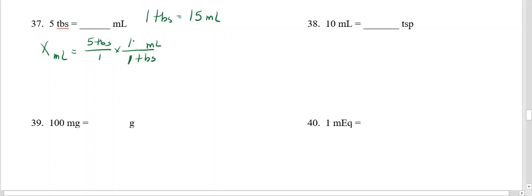So 1 tablespoon equals 15 milliliters. So my tablespoons will cancel, and I'm going to multiply 5 times 15. So 5 times 15 is 75 milliliters.